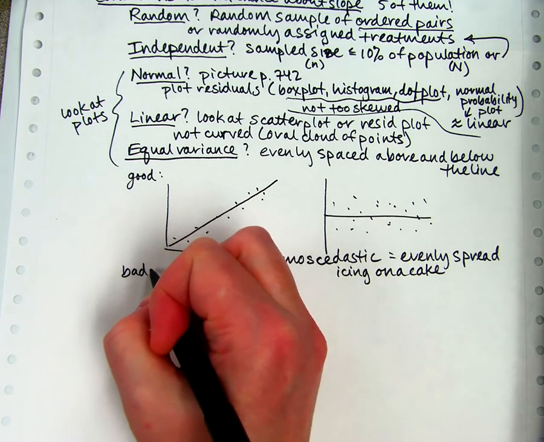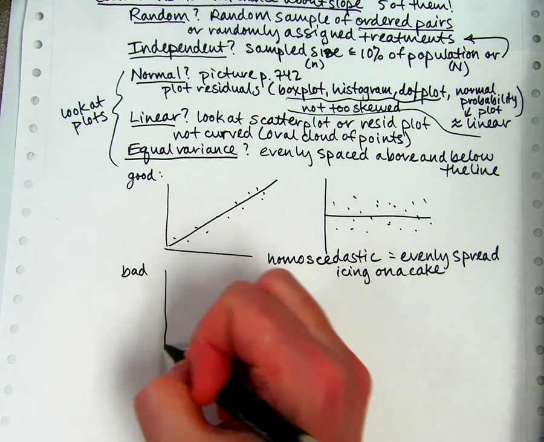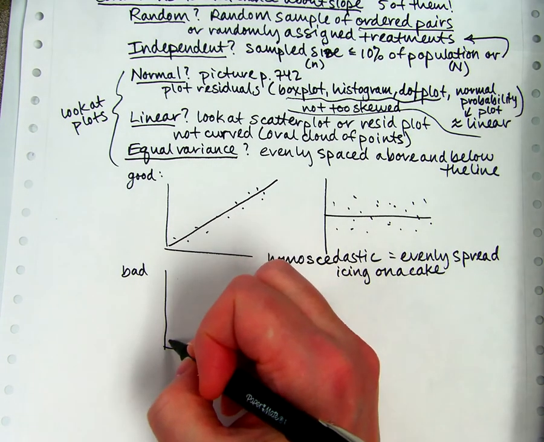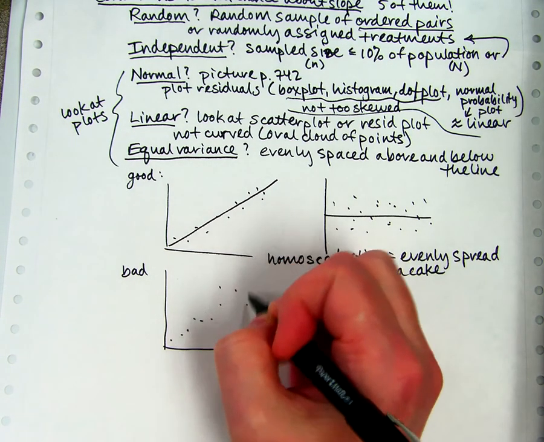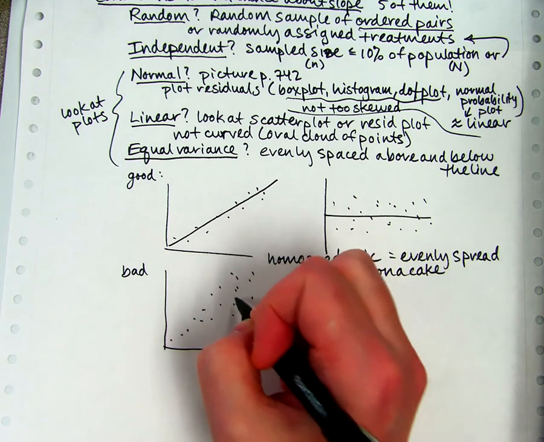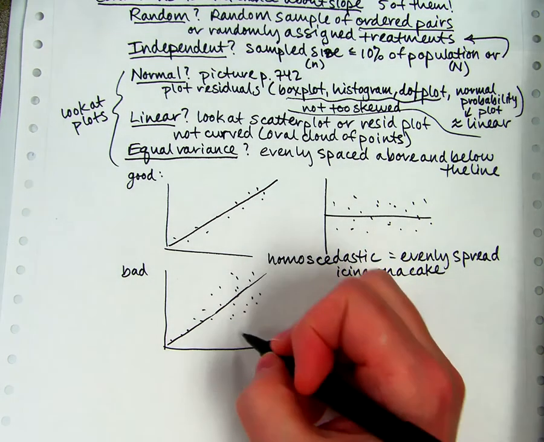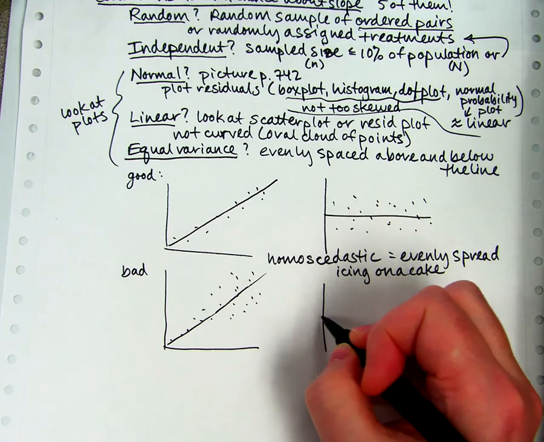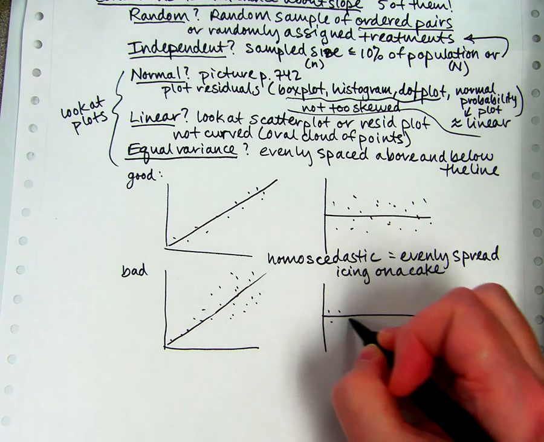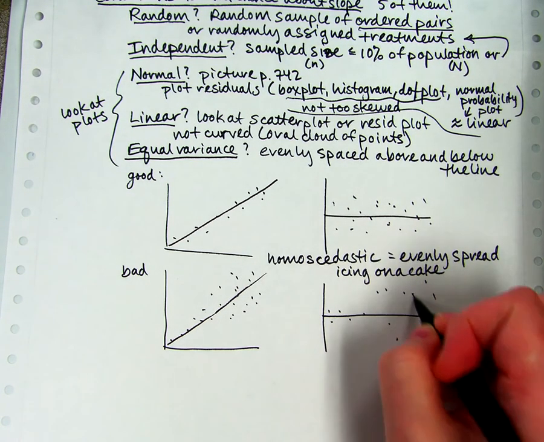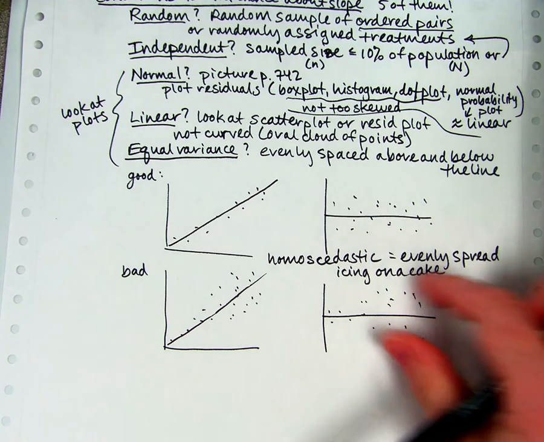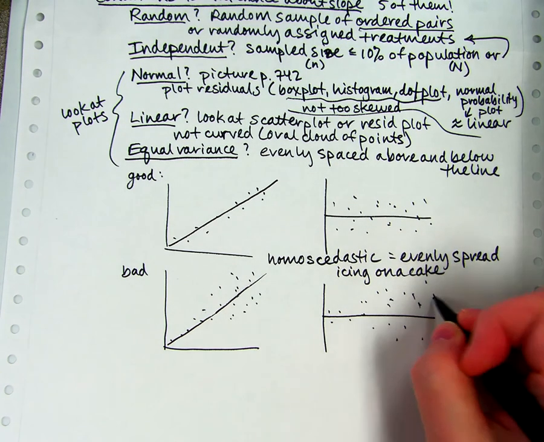Bad would be if you have fanned out data. So you could have really small at one end and really big at the other end, like a drumstick or something like that, and your line of fit goes like this. And so it's fanned out. On the residual plot, it would look also fanned out, really big at one end and really small at the other. And it might not be the larger end that's wider.